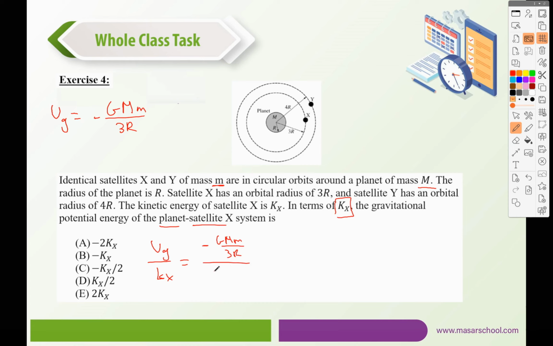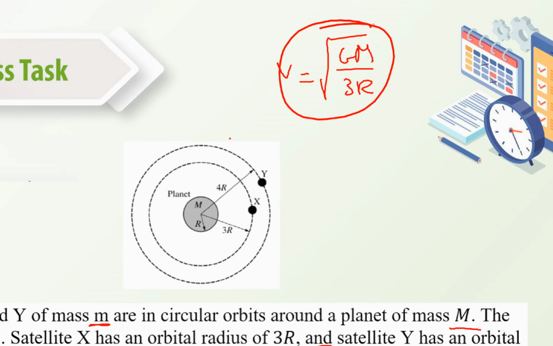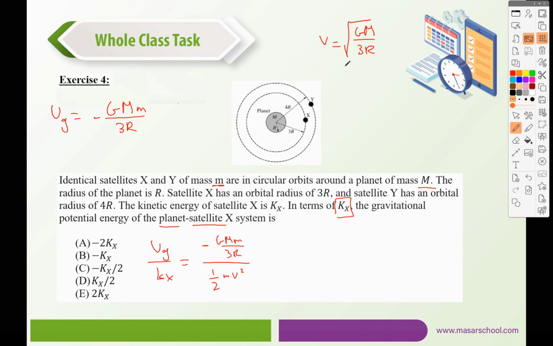The kinetic energy of the satellite is given by half m v squared. The orbital speed of the satellite is given by the square root of G and the central mass, capital M, divided by the separation distance, which is 3R. Notice that we cannot use this before we prove it, but here, because it's an MCQ, we're allowed to do so.